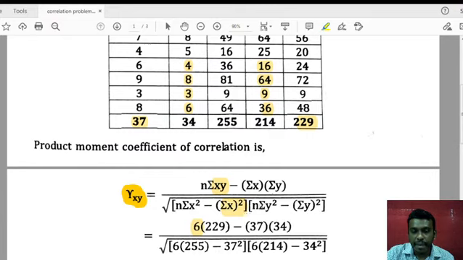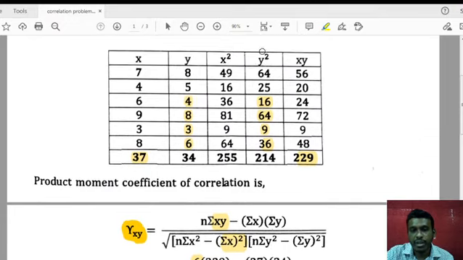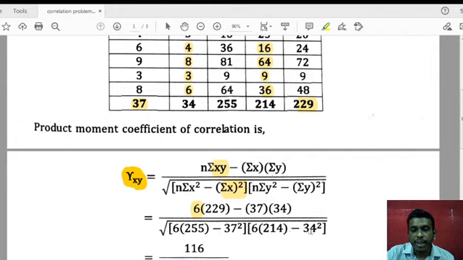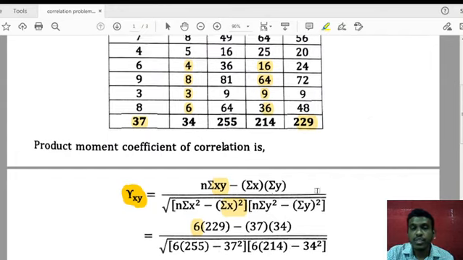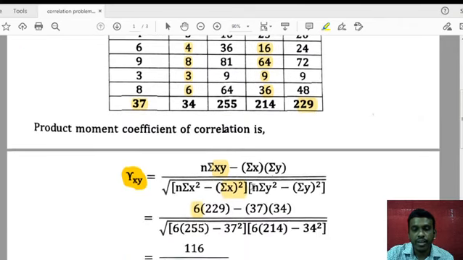Similarly, bracket complete, one more bracket: n, that is 6, into summation y square. We take summation y square 214 here, that is the sum of all y square values, then minus summation y the whole square. The square of summation y is 34 square.